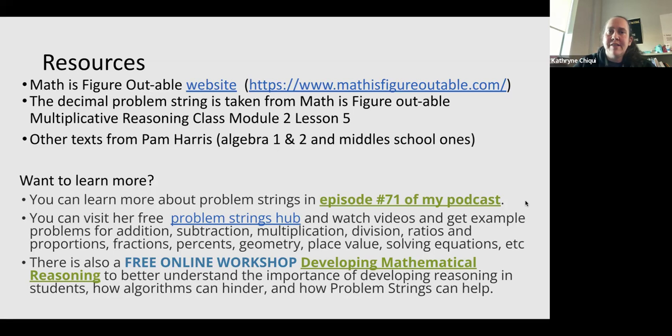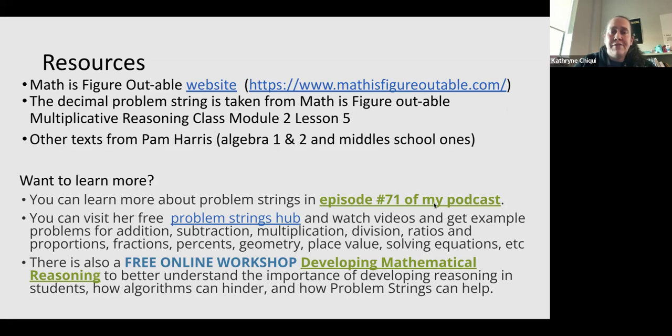Pam Harris and Kim Montague are two people that have developed a wealth of knowledge on the website Math is Figureoutable. And they have lots of free resources. For example, if you're wanting to know more about problem strings, even after today, there's a podcast. Their podcast number 71 is an episode specifically all about problem strings, and they talk about it.